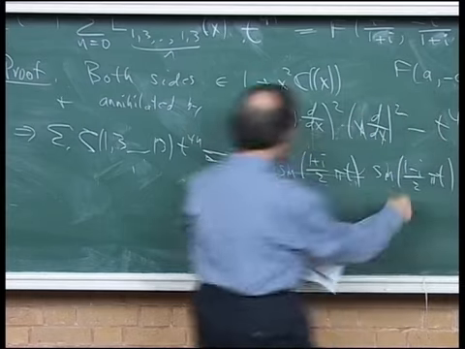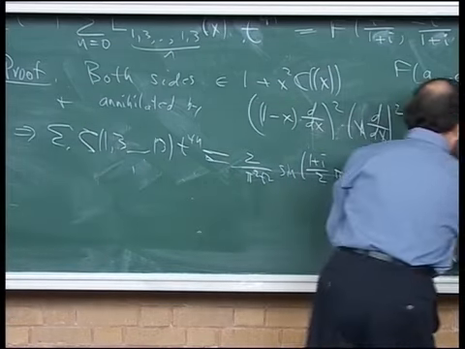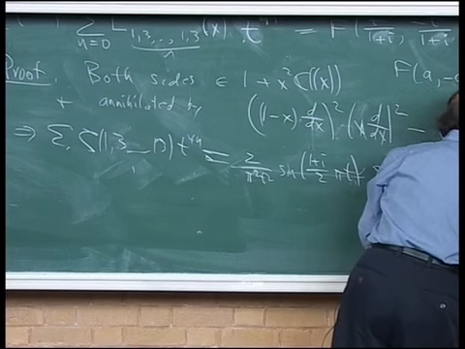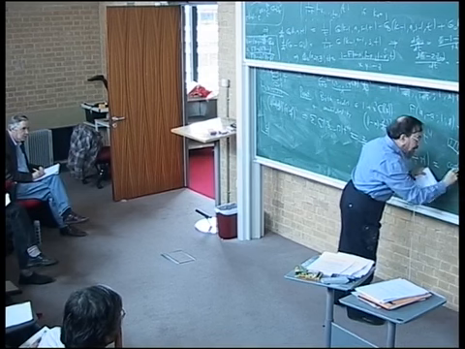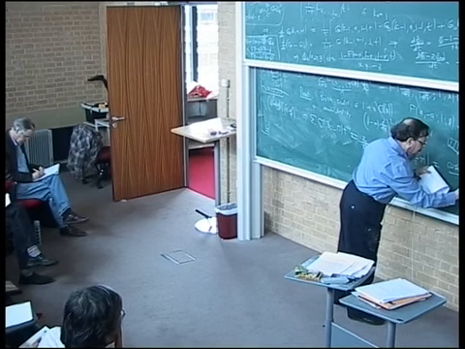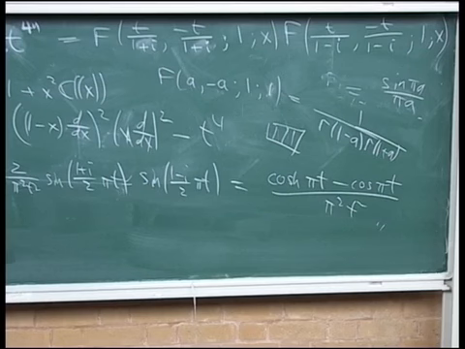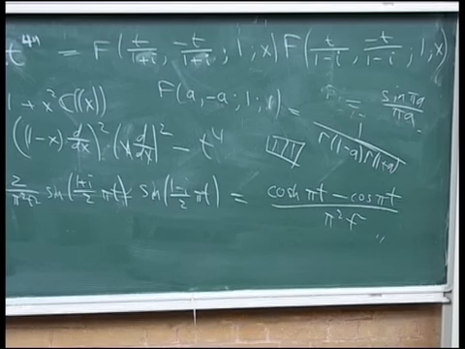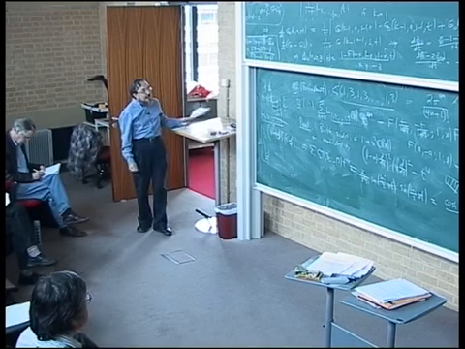And of course, you can use now the formula learned in high school for a product of 2 sines is difference of 2 cosines. And what you get is hyperbolic cosine of pi t minus ordinary cosine of pi t over pi squared t squared. And now if you just compare coefficients, then you get this thing with the factorial. So it's an extremely short proof, but very clever.